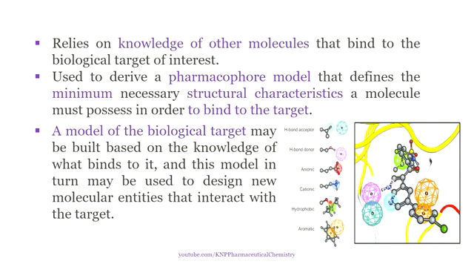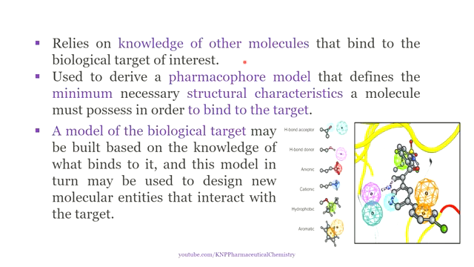Based upon the properties of those known antihistaminic compounds, one could develop a new antihistaminic molecule. So here, as I said, it relies on the knowledge of other molecules that can bind to the same biological target of our interest.